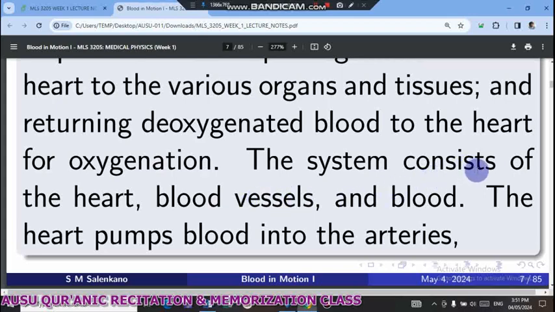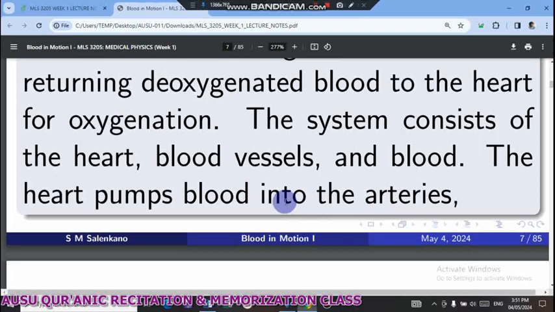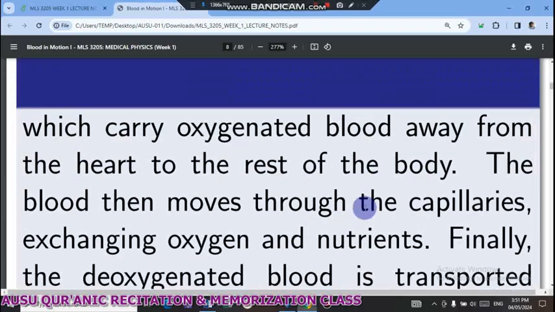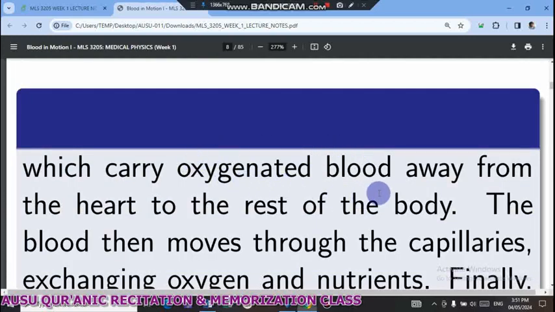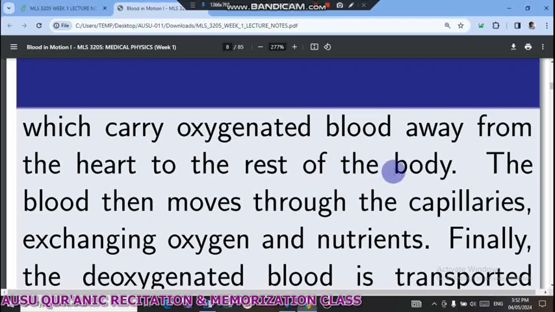The system consists of the heart, blood vessels, and blood. The heart pumps blood into the arteries. We will see all this in a diagram. They say that the heart pumps blood into the arteries, which carry oxygenated blood, meaning blood treated with oxygen, away from the heart to the rest of the body.